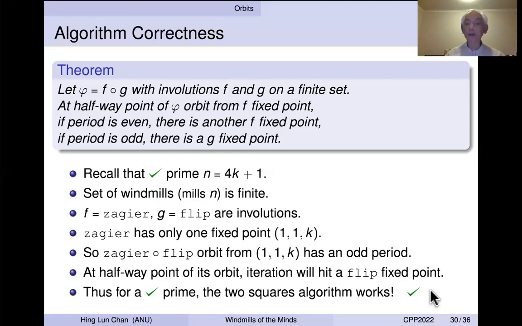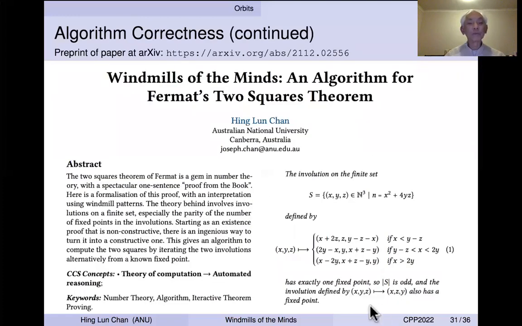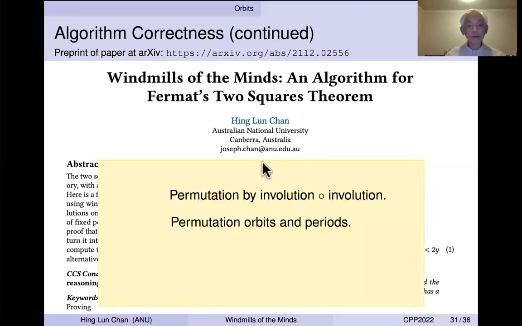And I give it a tick. Okay. You can read my paper for the details of the proofs. There's a preprint of the paper at this location. Just to summarize, the proof depends on the permutation by composition of involutions and considering permutation orbits and periods.